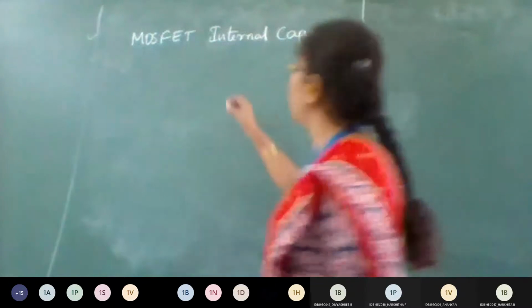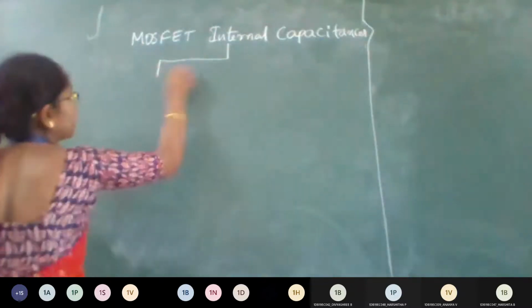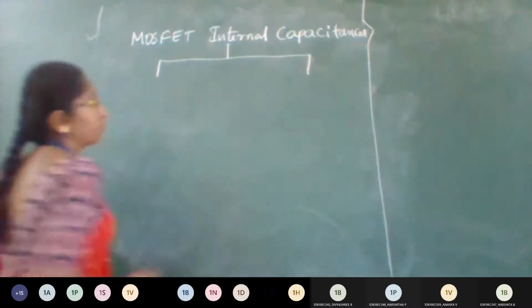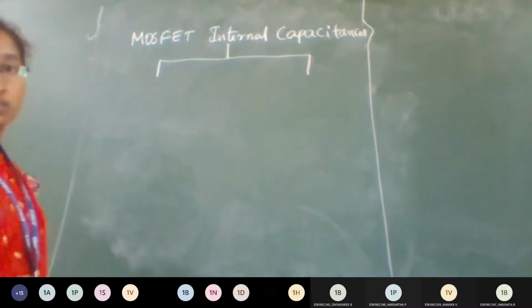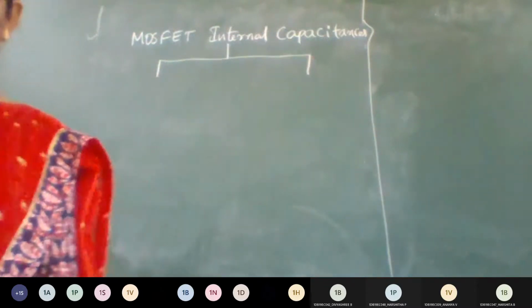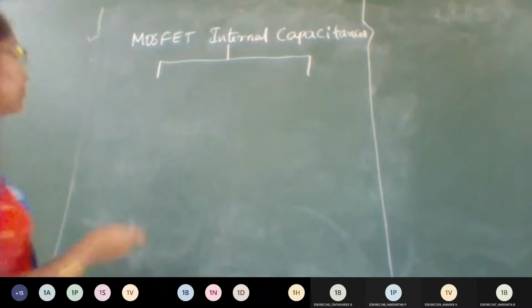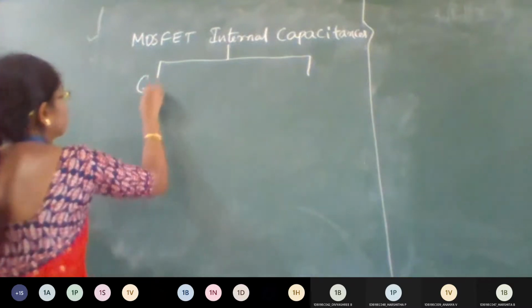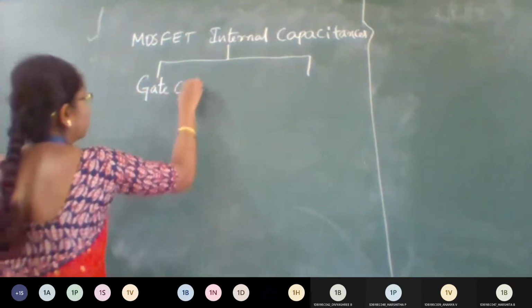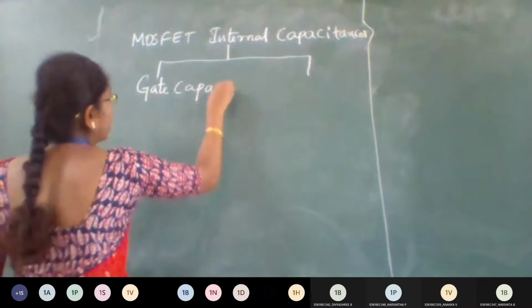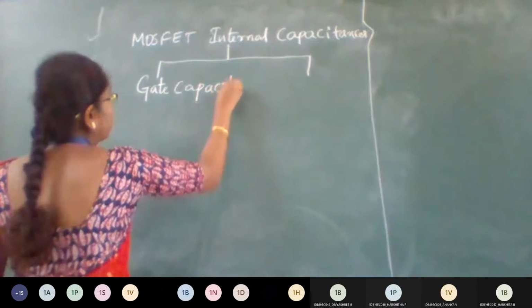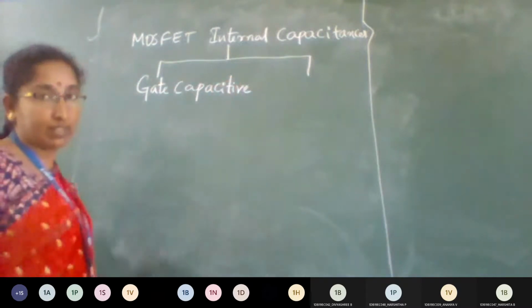There are 2 types of internal capacitance. The first is the gate capacitive effect. As I explained in the operation, between the gate and the channel it acts as a capacitor.